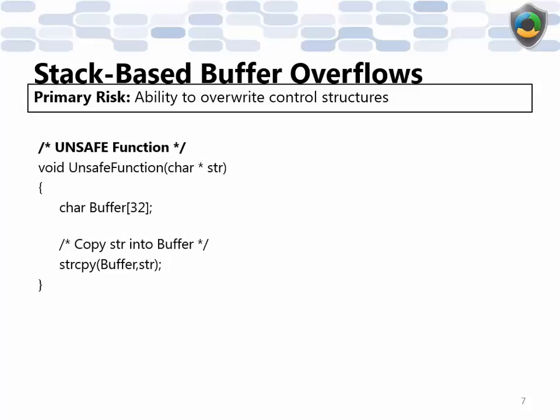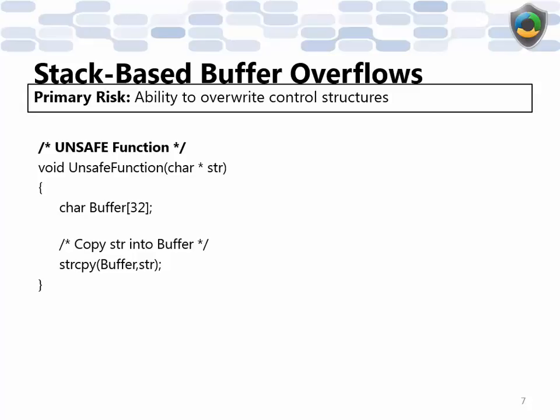Here's an example of a function called unsafe function. It has a classic stack-based buffer overflow vulnerability using the string copy, strcpy, function. If you inspect the implementation of unsafe function here, you'll see that it allocates a fixed length buffer of 32 bytes on the stack called buffer.